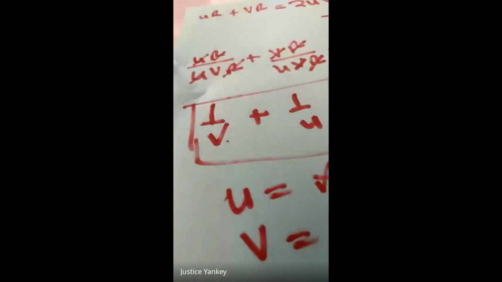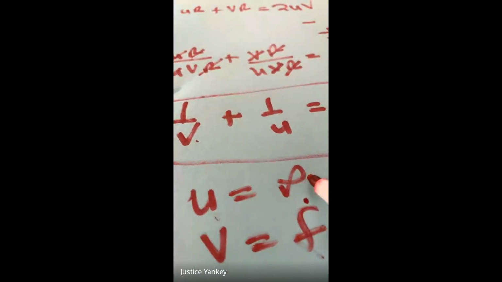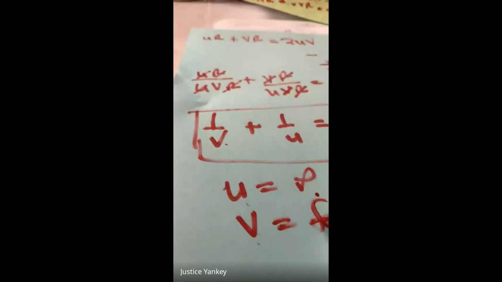When the object is at infinity, the image will be at the focus. So when U is infinity, V is F.